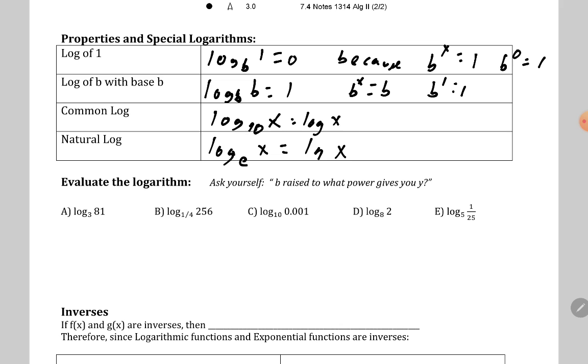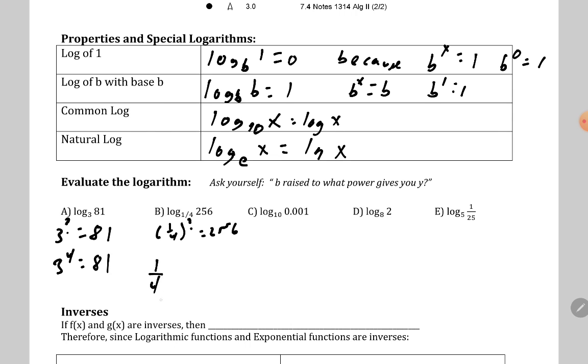Alright, evaluate the logarithm. So 3 to what power equals 81? It's good to know some of your exponents here. 3 to the 4th equals 81. Next, log base 1/4 of 256: 1/4 to what power equals 256?